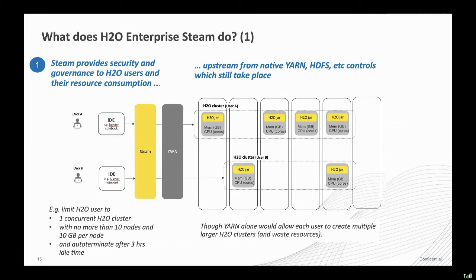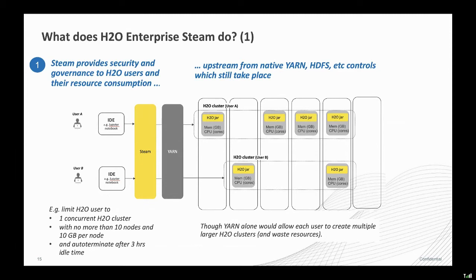And it does this upstream from when the application hits Yarn. Yarn still does what Yarn does. HDFS still does what HDFS does. Ranger or whatever your security policies are, which HDFS files can be accessed, which Yarn queue you're allowed in. That native world of Hadoop is still operating, but Steam corrals or governs things before it hits that world.